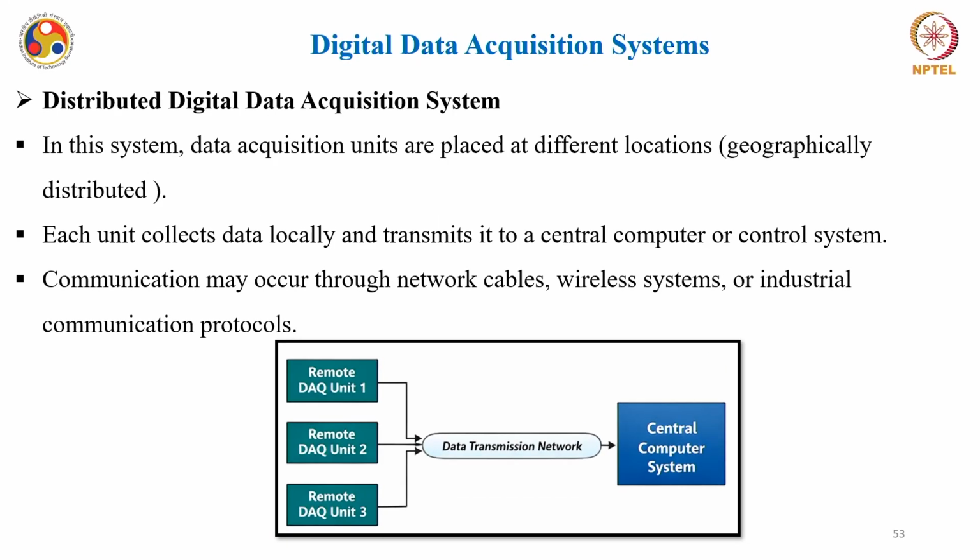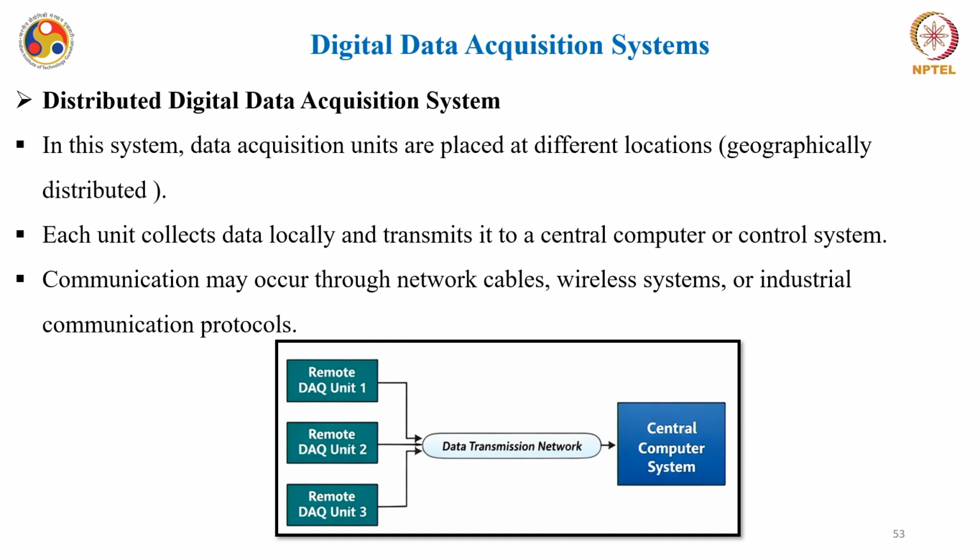Then we also have the distributed digital data acquisition system, and this is the more logically correct system in the modern scenario. In this system, the data acquisition units are placed at different locations, meaning different geographically distributed places.